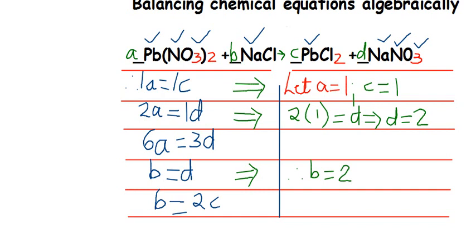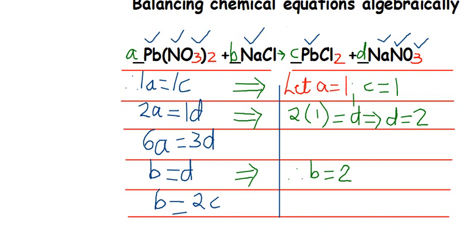And finally the last equation is between B and C. But by now we have got all the values for all the variables and therefore we need not solve the fifth equation.